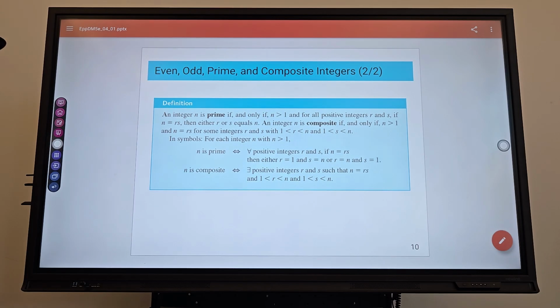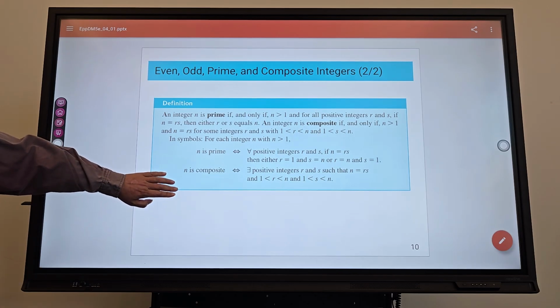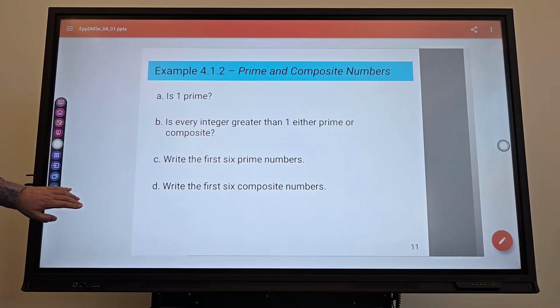Symbolically, for all positive integers r and s, if n equals rs, then either r equals 1 and s equals n, or r equals n and s equals 1. And a composite number is not prime, basically.